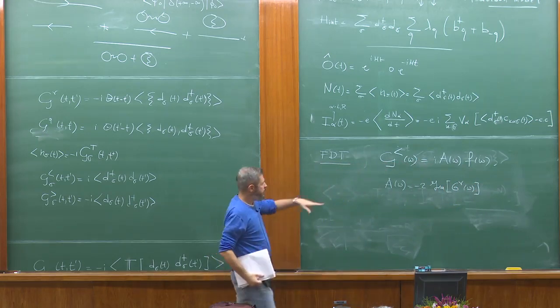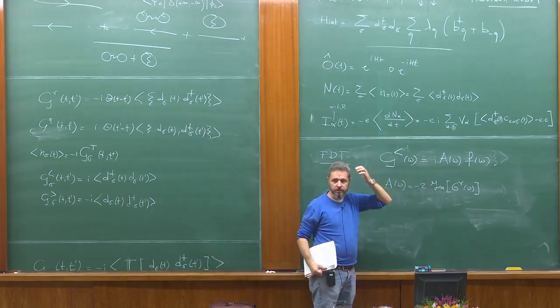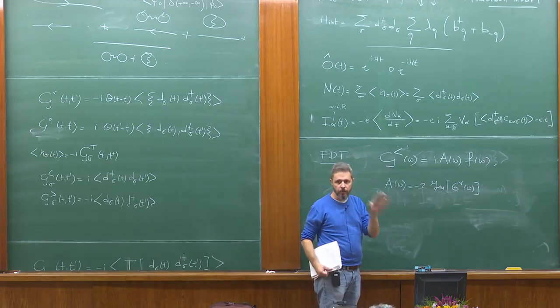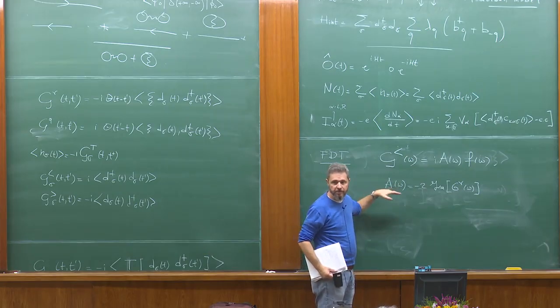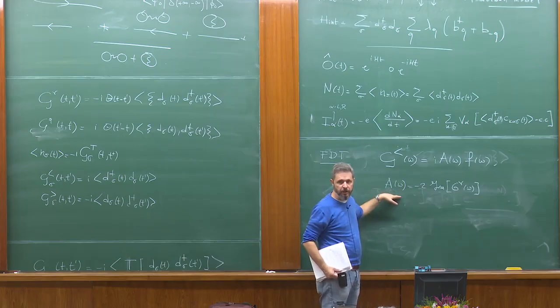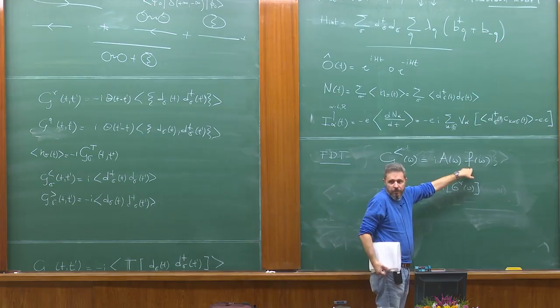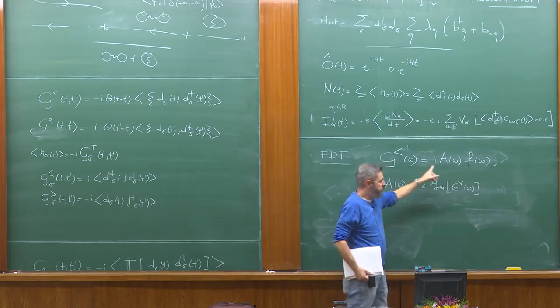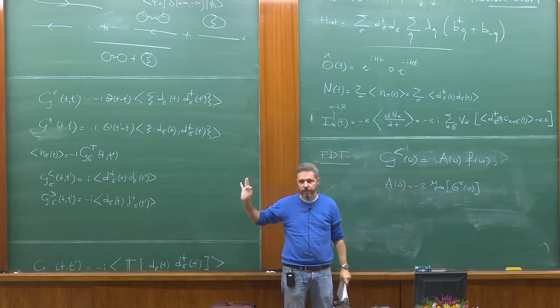Now, this formula is incorporating what I told you before in words. The only thing you need to know is the spectrum, the spectral density. Once you know the spectral density associated to your operators, you don't need to compute how particles are distributed there, and you immediately know the statistical Green function, and you know the average of your operators.